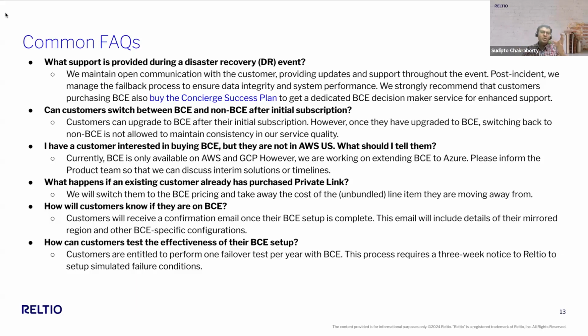No worries, we'll handle that fairly. If you have already been paying for Private Link as an add-on and you are upgrading to BC, we'll adjust that pricing accordingly. Essentially, we'll switch you to the BC pricing and remove the Private Link cost you have already paid, so you don't get double charged.